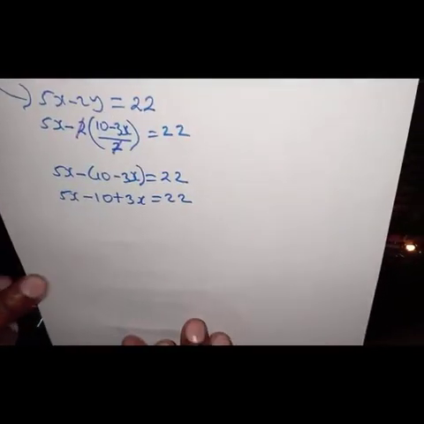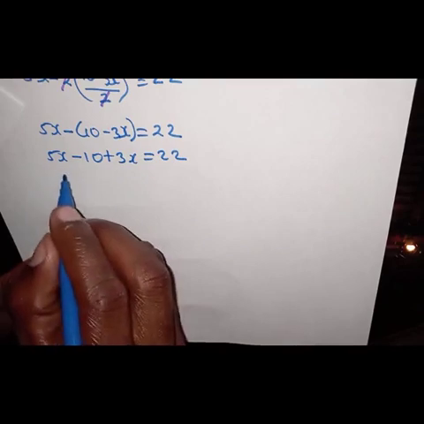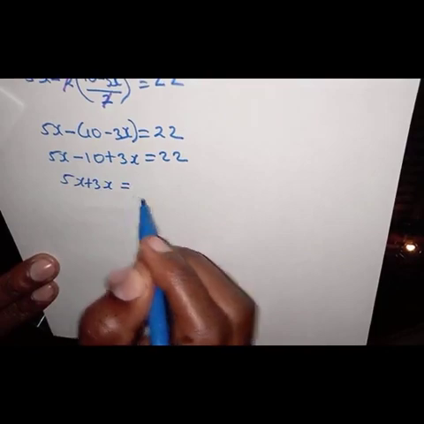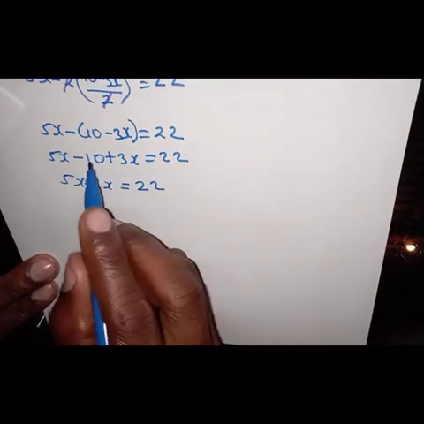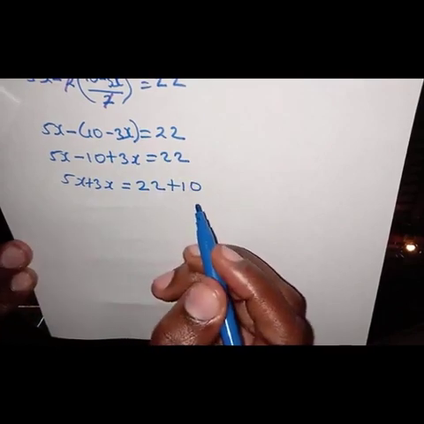So now, we move forward. Like terms together, we can see 5x and 3x. Then here we have 22. Negative 10 will cross the equal sign to become plus 10, right?